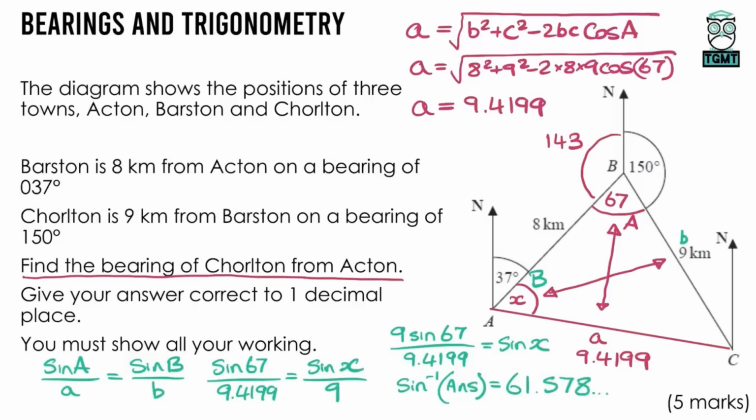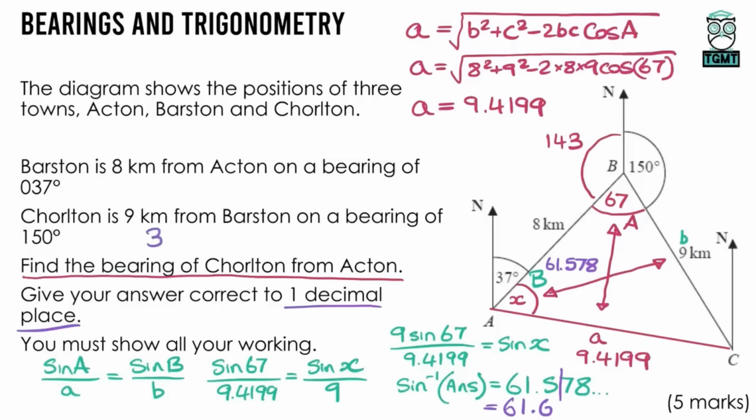Now this question wants our answer to one decimal place, so we're going to need to round it anyway. But I need to add this angle, the 61.578, onto my 37. Now I may as well round this number, and that's 61.6, as it wants it to one decimal place. So if we add that to the 37, let's have a look.